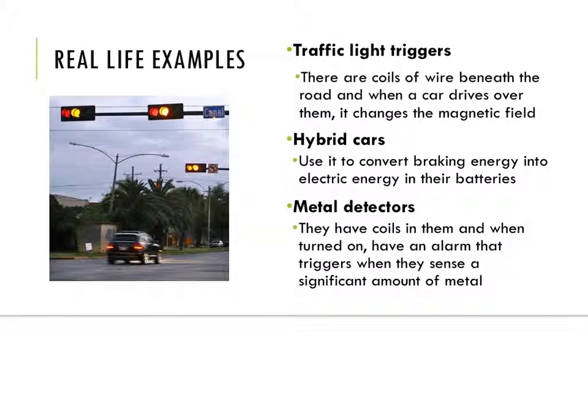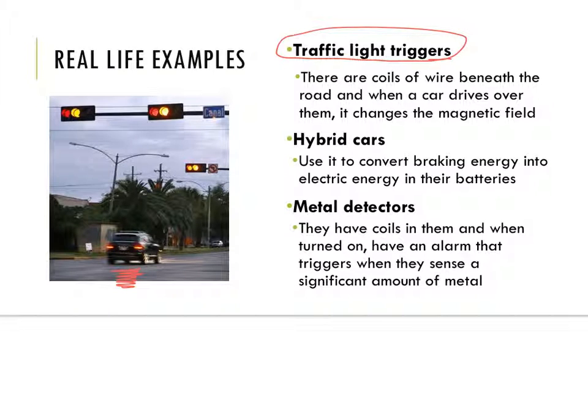Now, where does Faraday's law hold true in real life? Well, first of all, if you've ever been at a red light late at night and it turns green really fast when you pull up, that has to do with traffic light triggers, which tend to be underneath the car. Your car is a piece of metal, and by driving over this sensor, the movement of the metal creates a disturbance in the magnetic field.